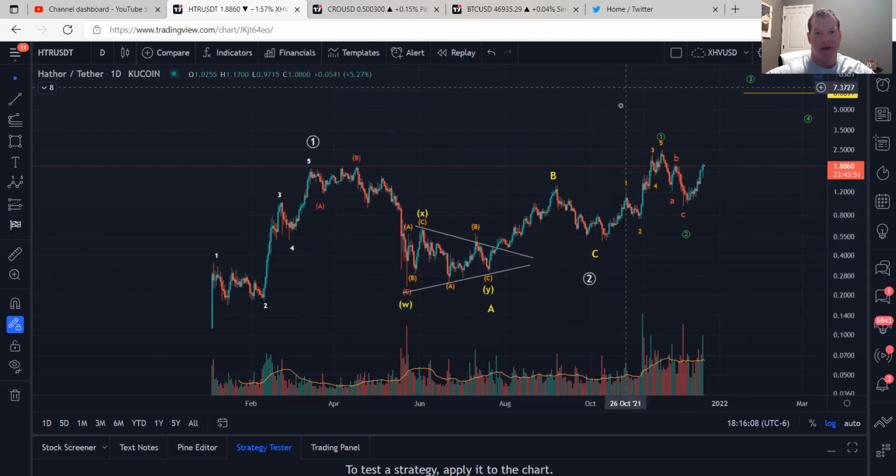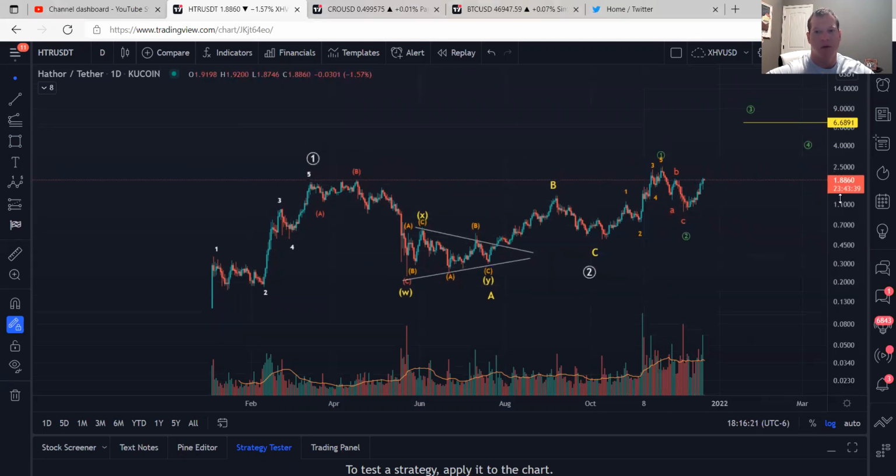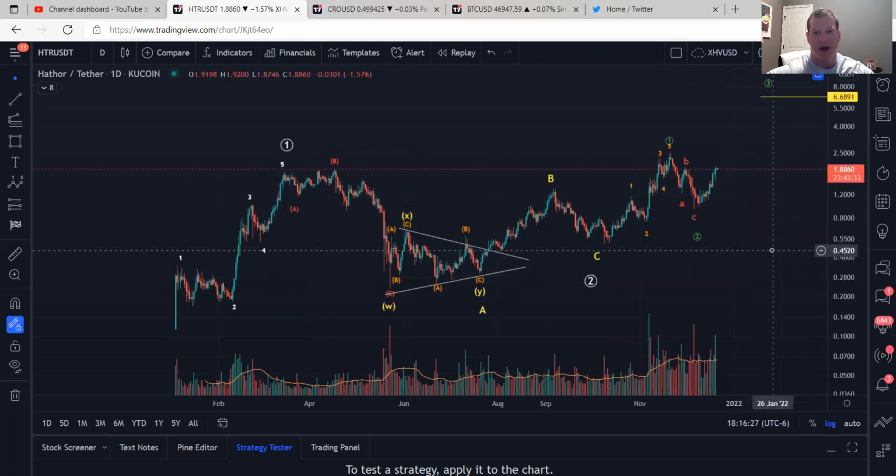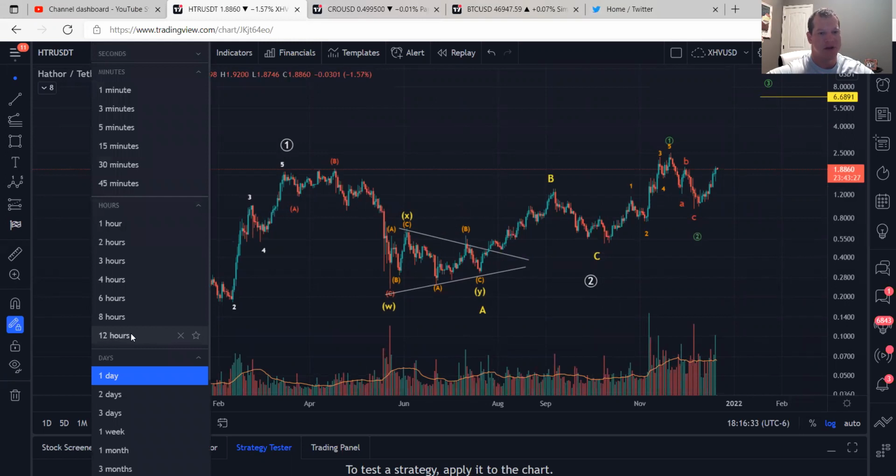And then us being 1, 2, 3, 4, 5 to create our 1. So this green micro 1 would be a micro 1 wave of a macro 3 wave. Regardless of where that macro 3 goes, I'm not going to get into that right now because it's kind of irrelevant to the content of this particular video. So that's scenario number 1.